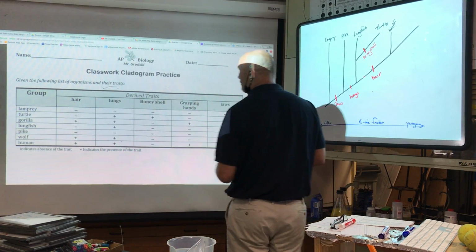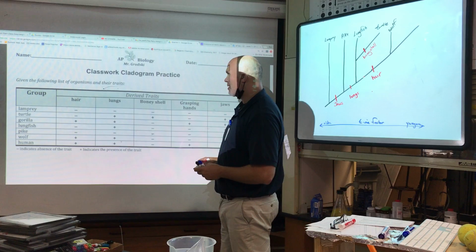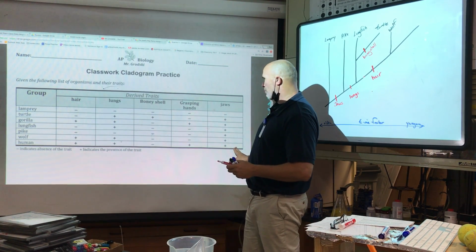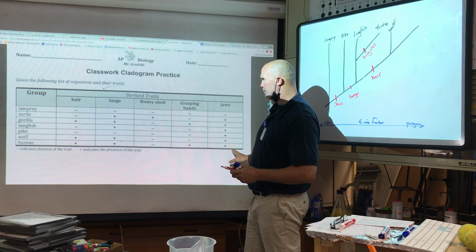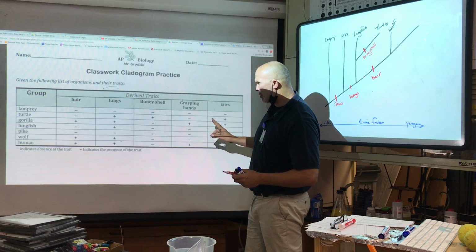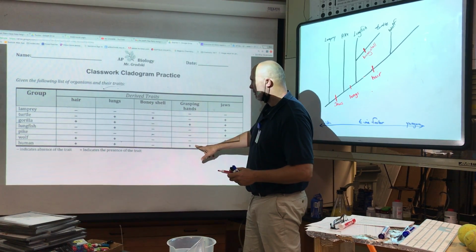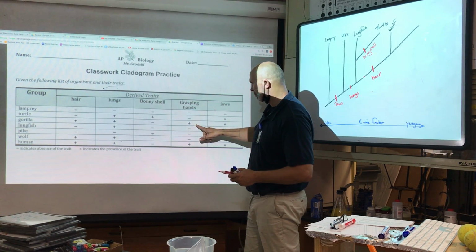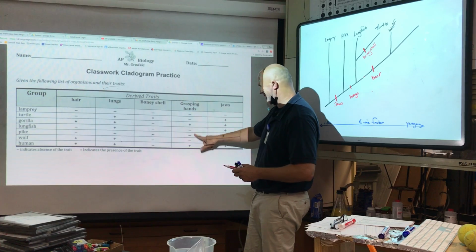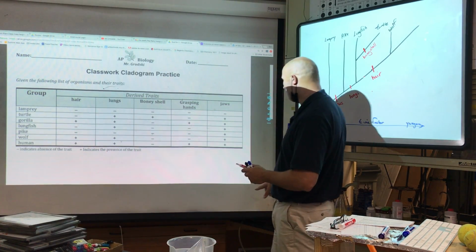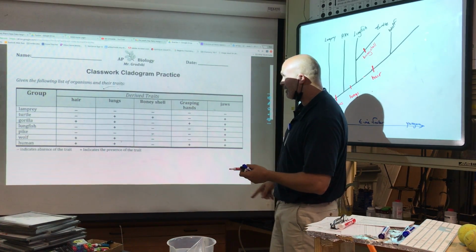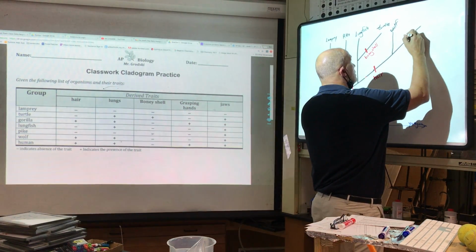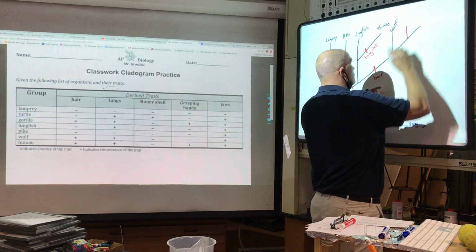Now I've got ape left, or the gorilla, I should say, and the human. Well, the ape and the human have the greatest number of traits, but what's different about them? Yeah, the human has got the grasping hands, but the gorilla doesn't. So in this case, based upon this piece of evidence, I can do this.